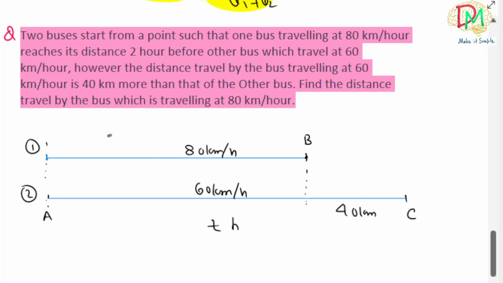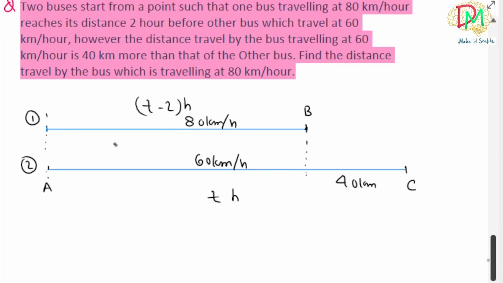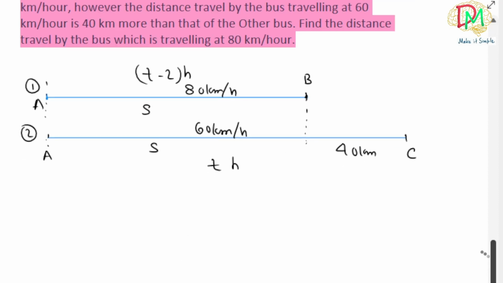So the first bus will travel T minus 2 hours. Clear? And let's consider the AB distance is S, and the total distance is S plus 40 km.